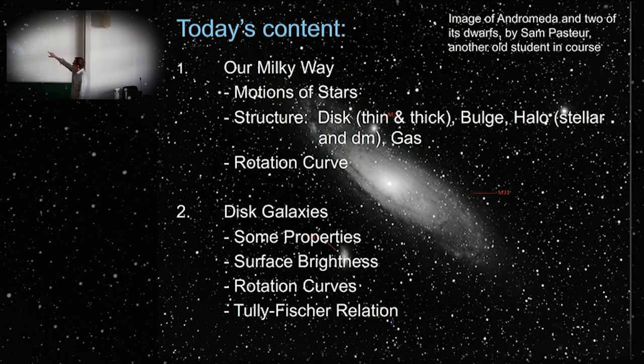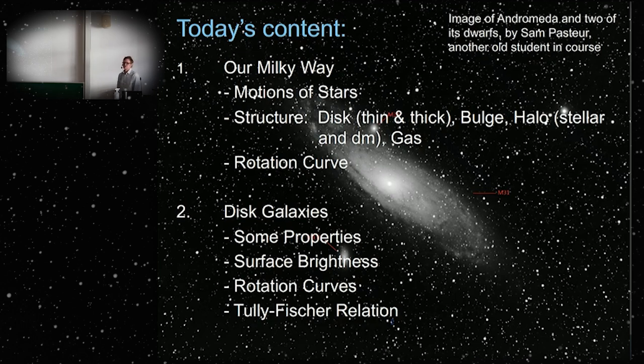Today we're going to discuss our Milky Way first, in the first block: a little bit on the motion of the stars, a little bit more on the structure, the disk I already mentioned, the thin and the thick disk, the bulge, the halo, the stellar and the dark matter, and a little bit on the gas, and then we're going to go to the rotation curve, of course. After that, in the second block, it's disk galaxies in general, spiral galaxies: their properties, how we characterize them, what their surface brightnesses are, and how we characterize that, following up on the simple scaling exercise we just did.